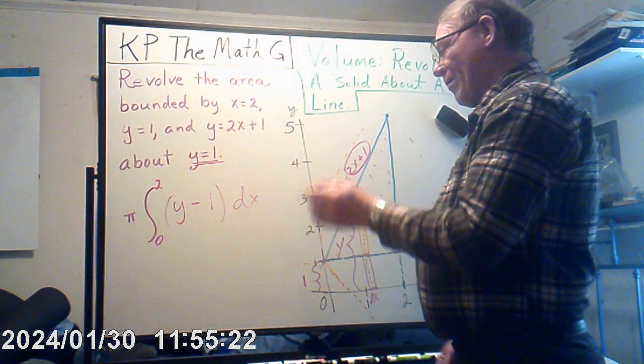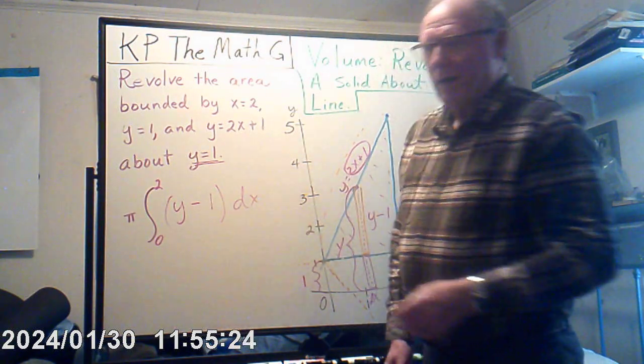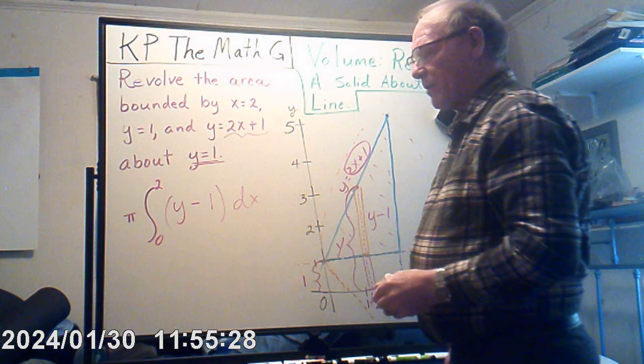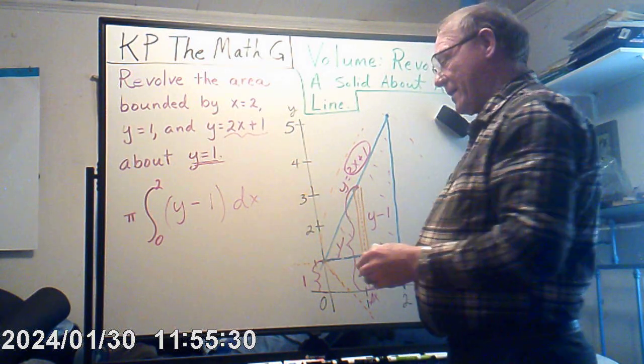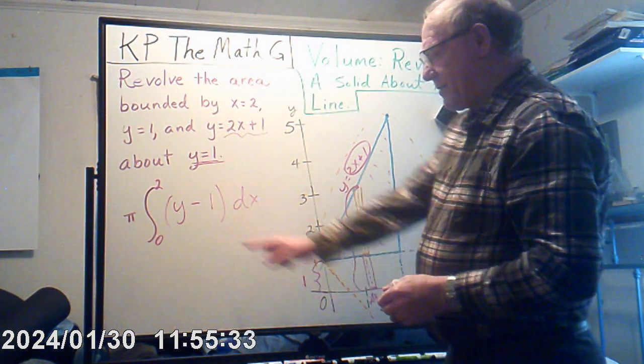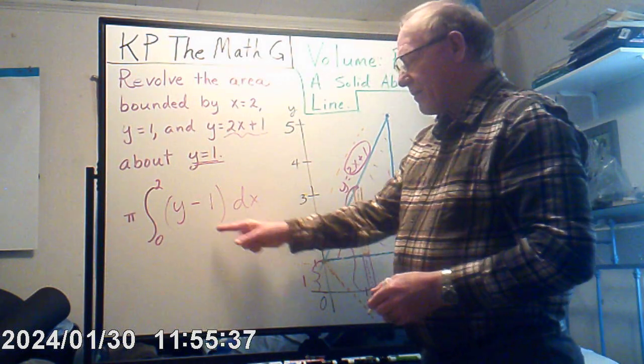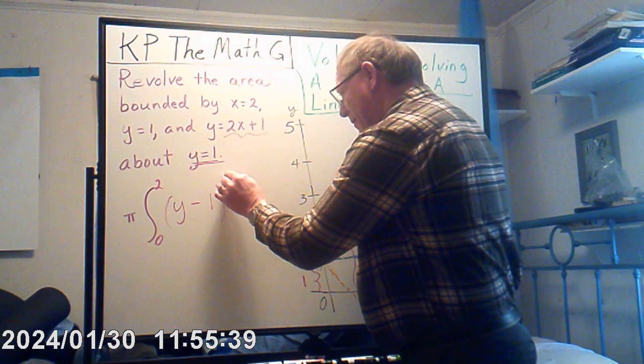But we don't want it to be in terms of y. We want to know what y is. Well, y is 2x plus 1, so we always have to remember that. Oh, by the way, I have to square this.